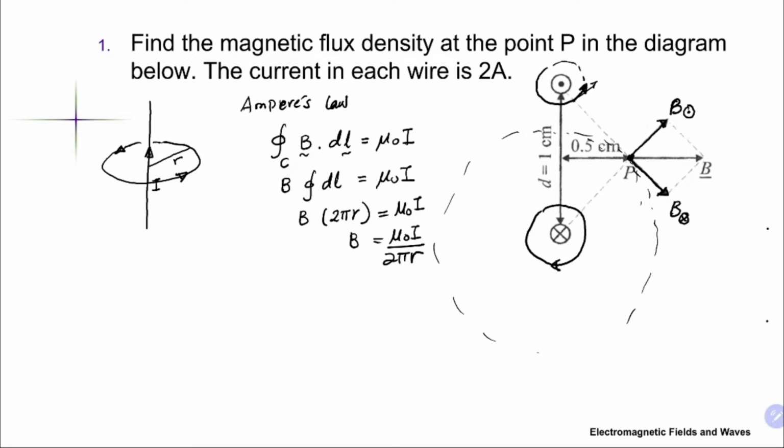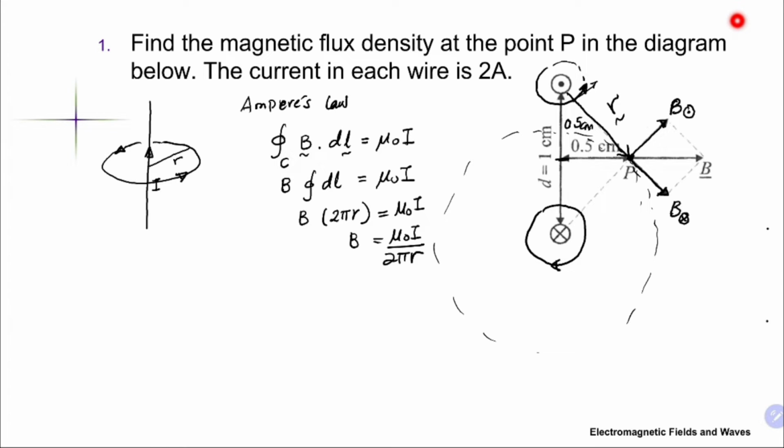To work out the magnitude of that magnetic flux, we need to calculate this distance here. This is my R. Here is 1 cm separating them, so this is 0.5 cm.